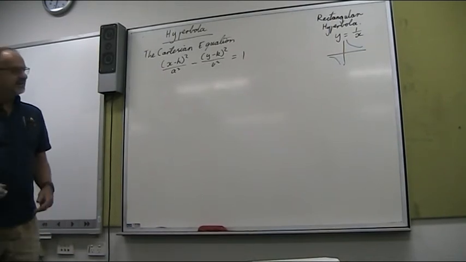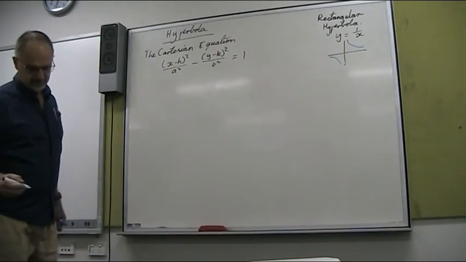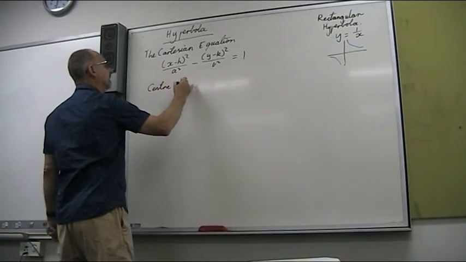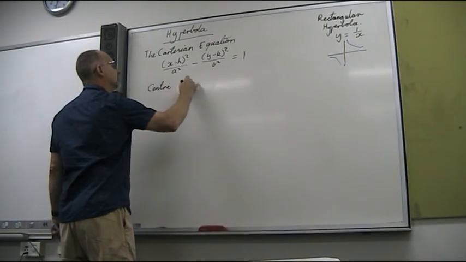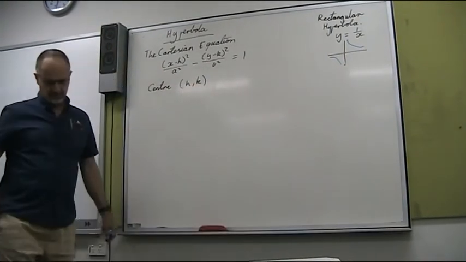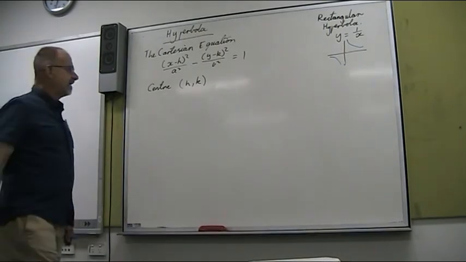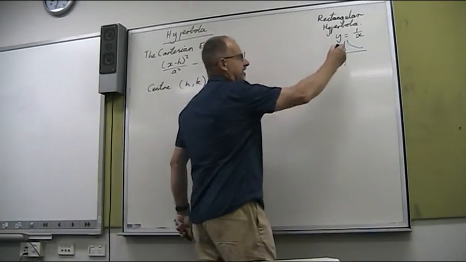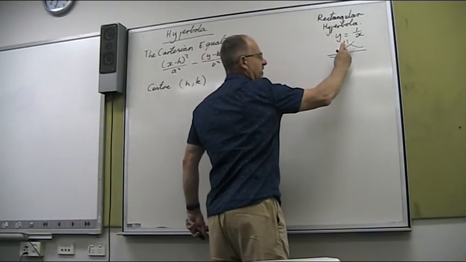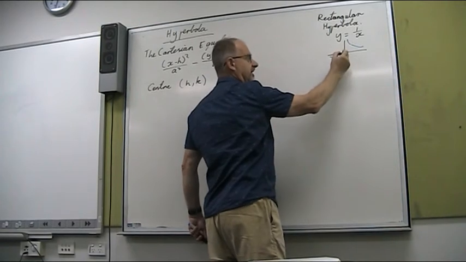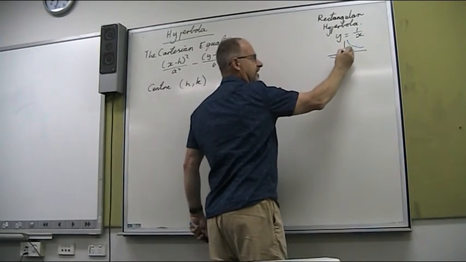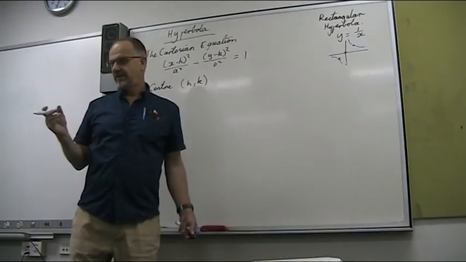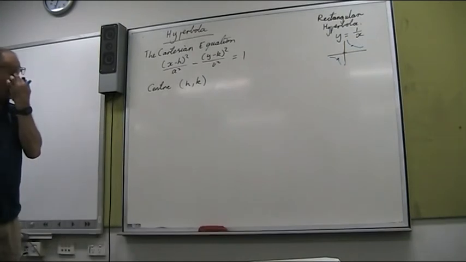All right, so key things is that we have a centre, and the centre is again H and K. We have some vertices, so if you like to think the point that's closest to the origin here, that point there, that's closest, that would be what the vertices are.